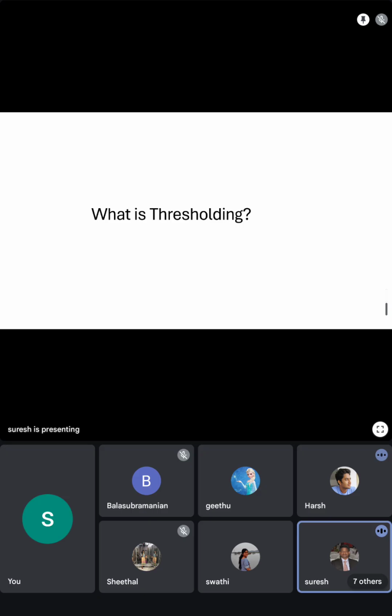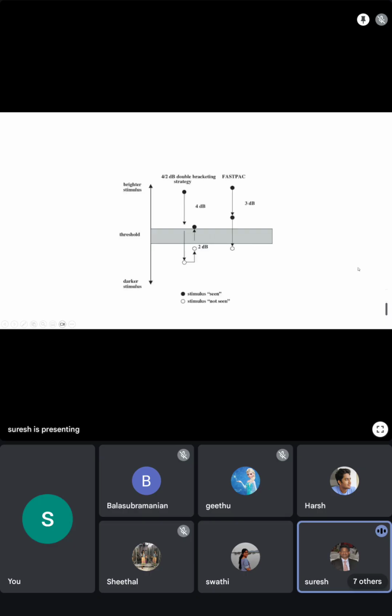We want exactly the dimmest stimulus that a point in the retina is able to perceive. That is more important. What exactly we are trying to do is quantify. Ability to see a stimulus, yes, but how bright or how dull a stimulus are you able to see? To quantify that, we do what is known as thresholding, which madam explained: like 4 decibels slowly decrease, and again 2 decibels increase in the brightness. That is known as bracketing, and this is known as thresholding. This is basically what they are trying to do.